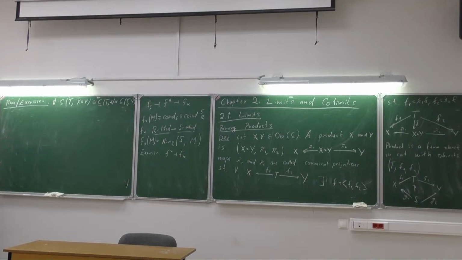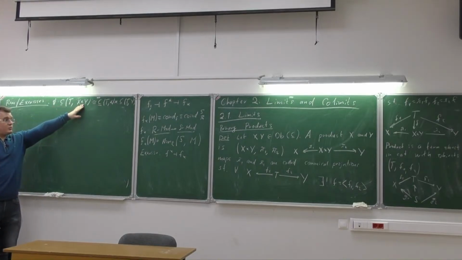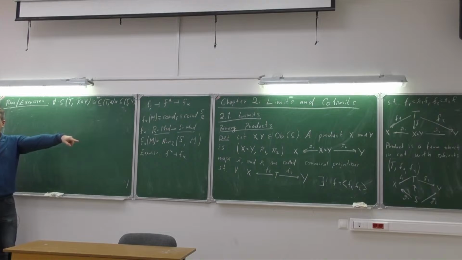By X times Y, you mean the object from the first element of the triple. Yes, exactly. I'm taking some category, assuming that it has binary products. Again, not every category has binary products. We will see examples probably next week. And here, this is the first object in that formal definition, in the triple.